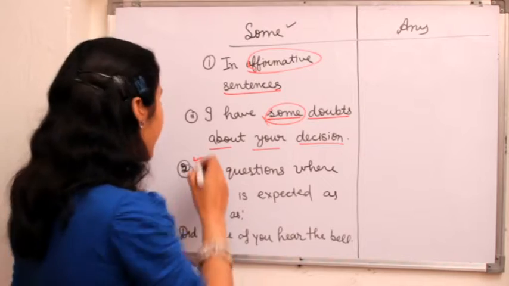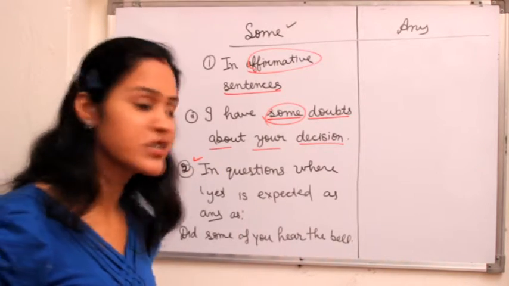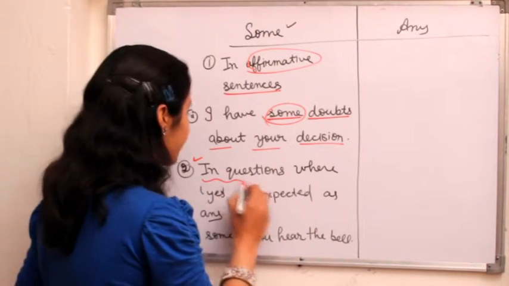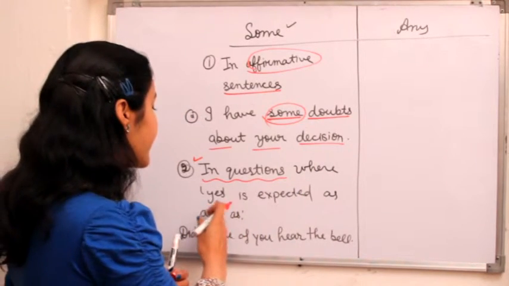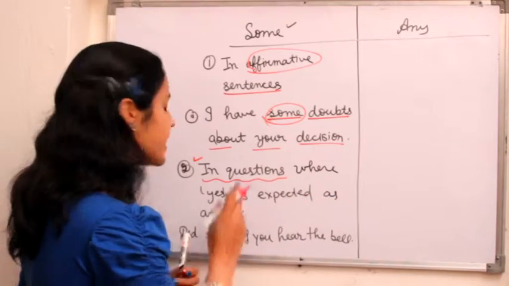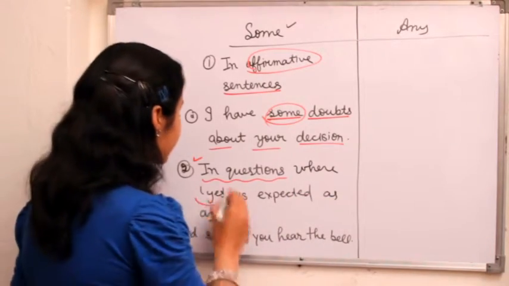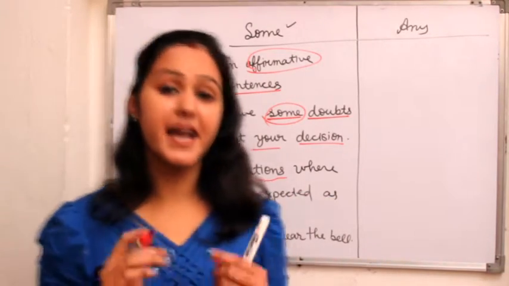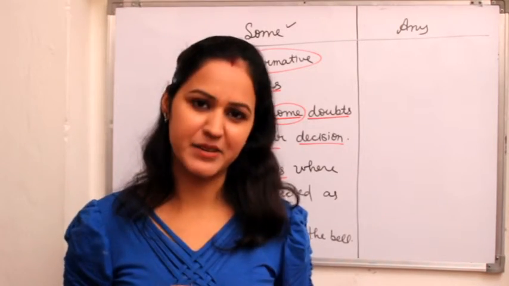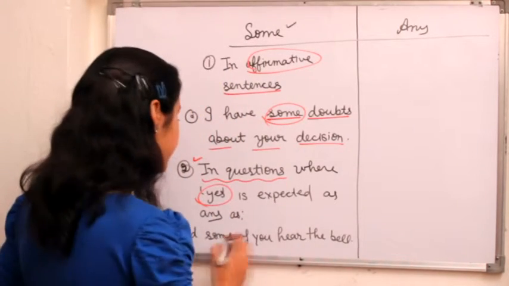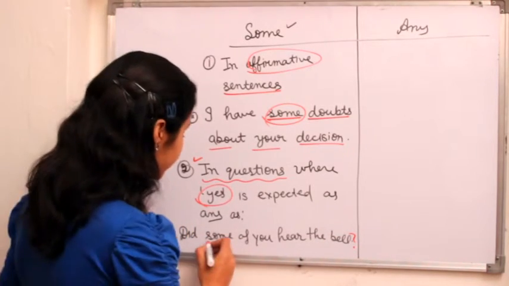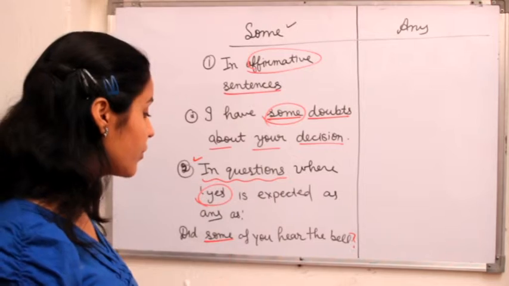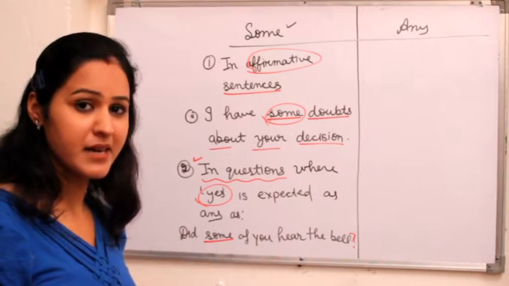And in second, I write here in questions, in interrogative sentences where yes is expected as answer. It means that its reply must be in positive manner. So here I write, did some of you hear the bell?